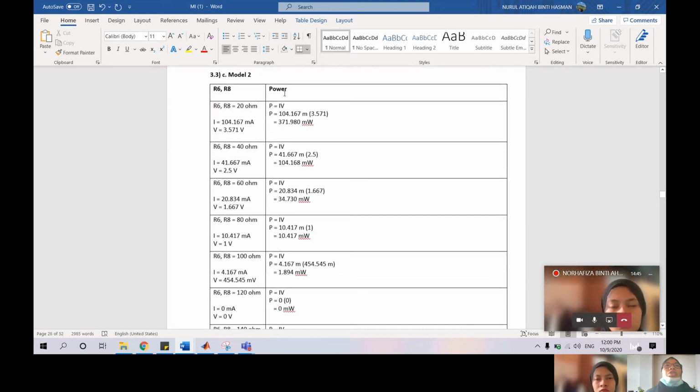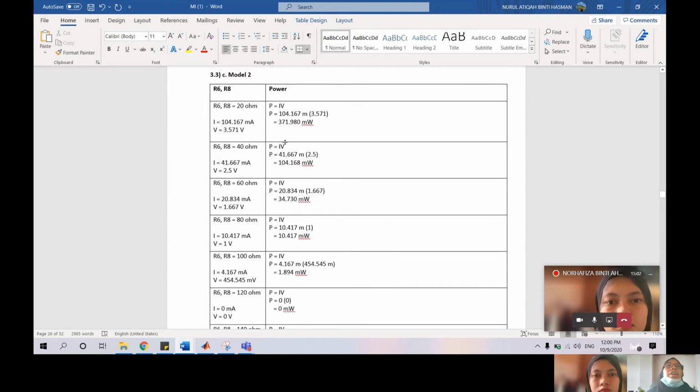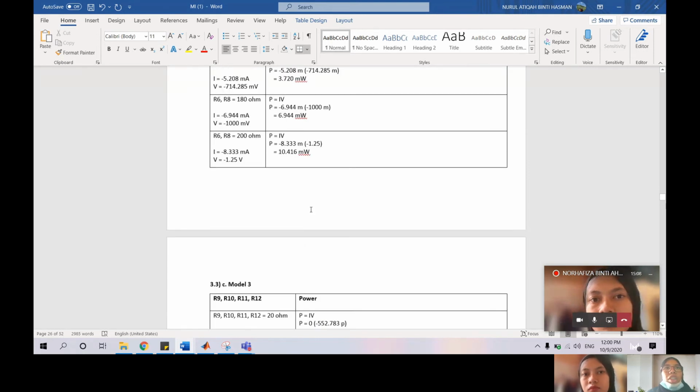Also for model 2, we also find the power by using the formula P equal to IV. We just substitute the value of current and voltage, and then we get the value of power. This is the power for R6 and R8, 20 ohm until 200 ohm.